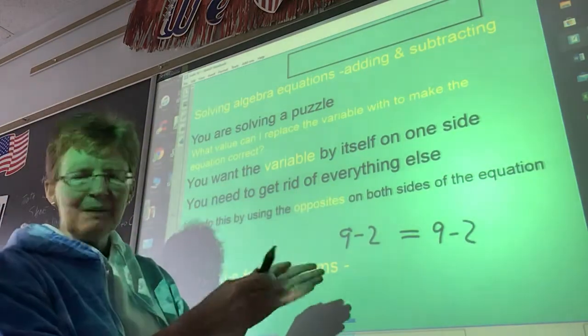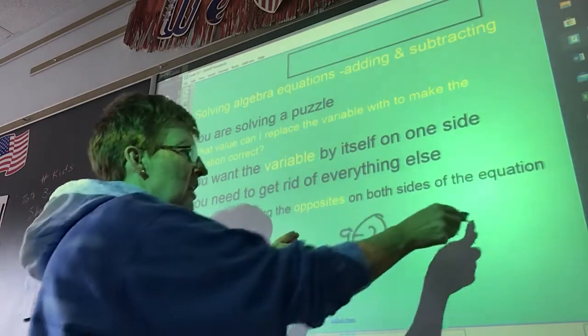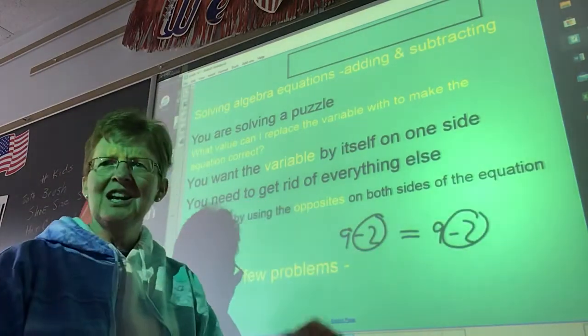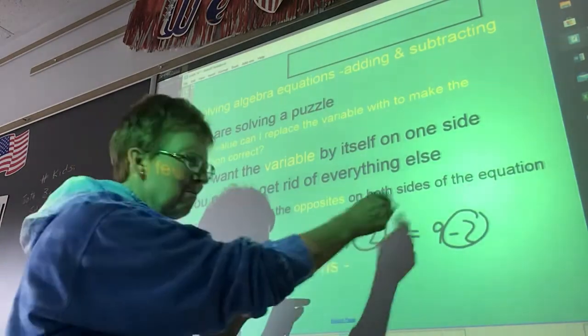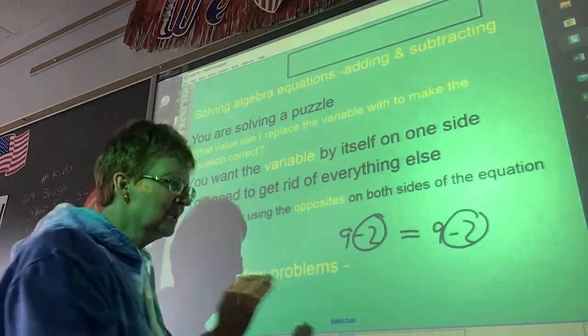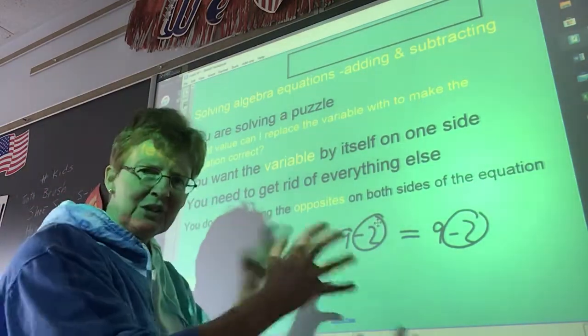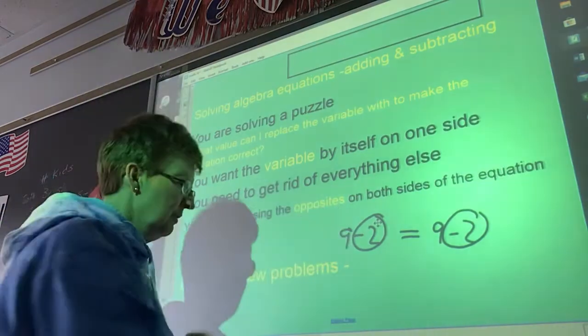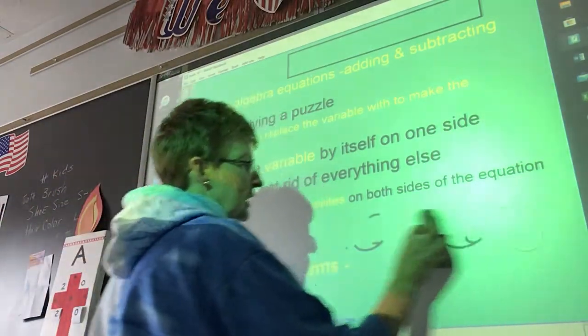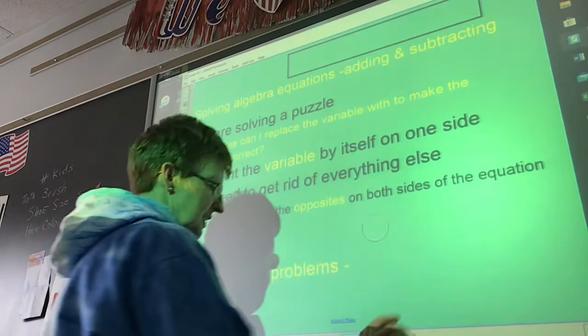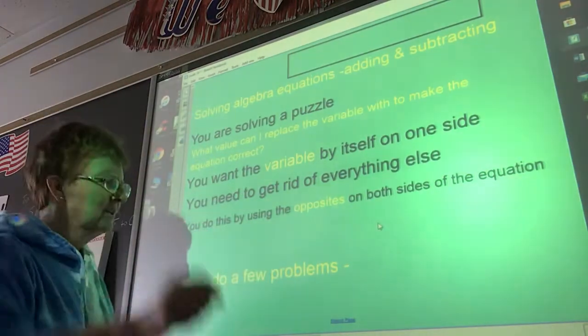So you get the same answer. If you do the same thing on both sides of any equation, that's the whole premise of an equation, then the values are still going to be the same. You're going to need to be aware of that as we do some of these problems.